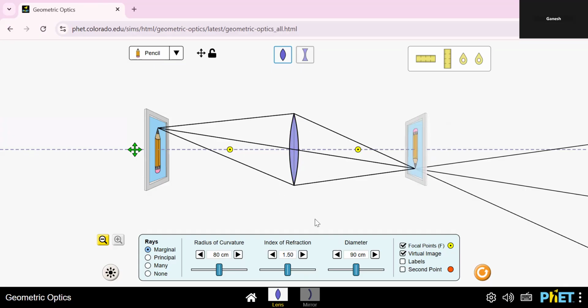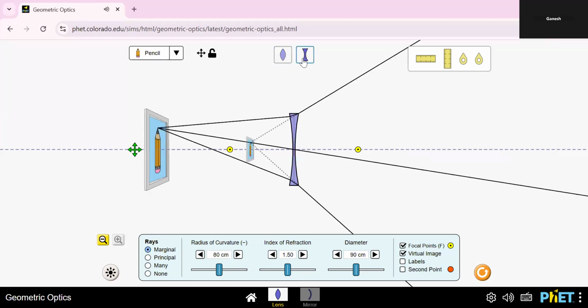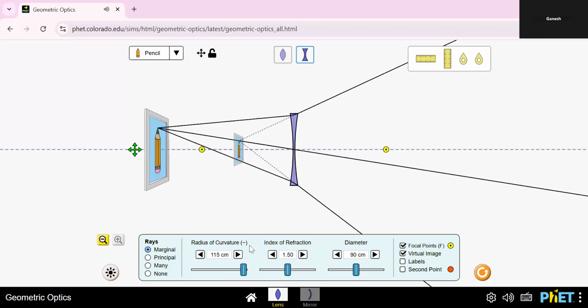And next one is the next lens. Okay, so this is concave. How is the image formed? The image is formed on the opposite side in this kind of lens. Here also, I want to increase the radius of curvature. When the radius of curvature is increased, the image is far away from the lens.